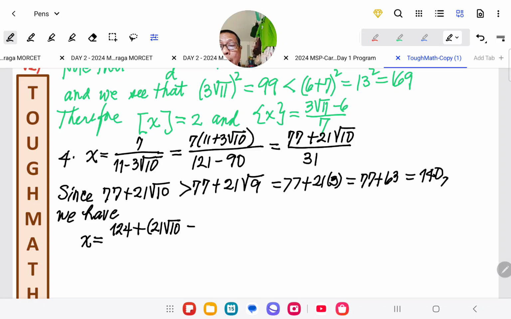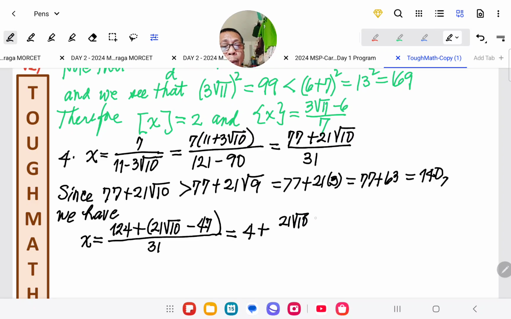And since we have used 124 instead of 77, we subtract 124 minus 77, that is 47, all over 31. And 124 divided by 31 is 4. So we have 4 plus 21 square root of 10 minus 47 over 31.